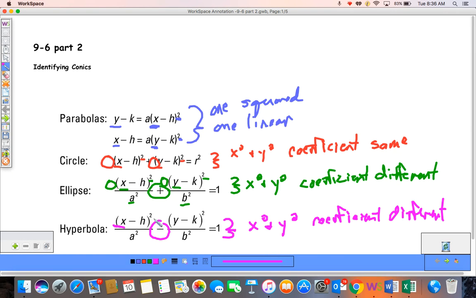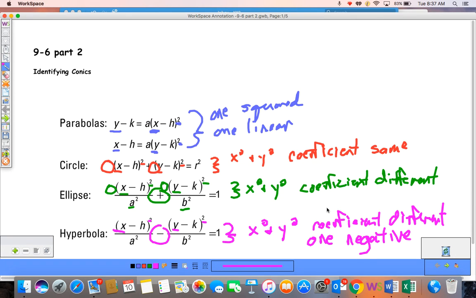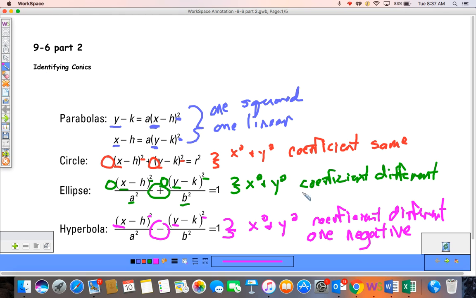One of your variables, whether it's your x or your y, doesn't matter, will be negative, which gives us that subtraction there. Okay, so that is really how to identify these.